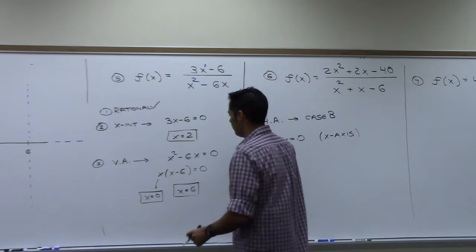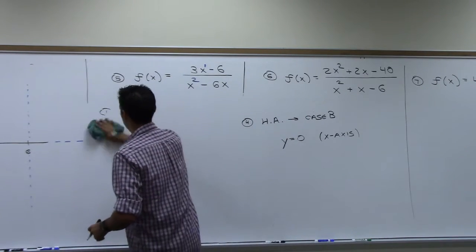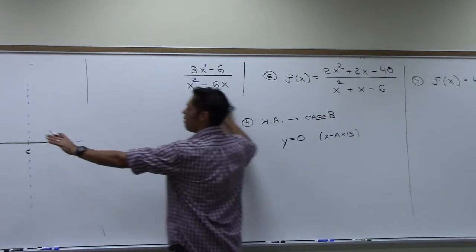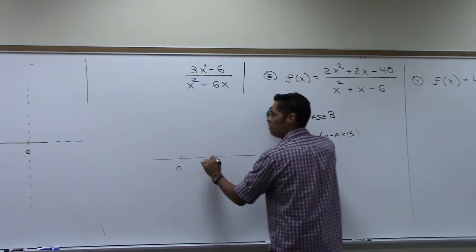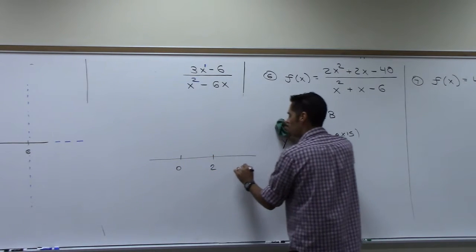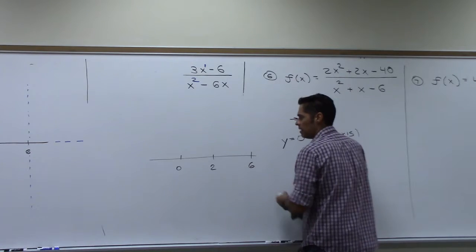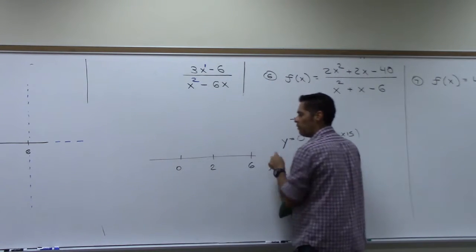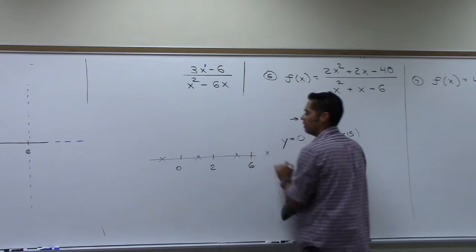So if you want to visualize this a little differently, here's your graph, right? I have a vertical at 0, an X-intercept at 2, and a vertical at 6, right? That's what I have. I need to basically have 1, 2, 3, 4 test points. Anything here, here, here, and here.